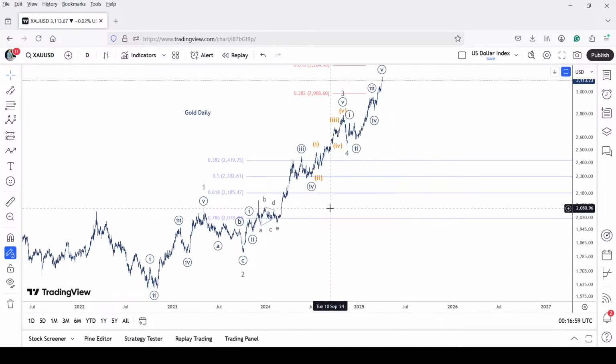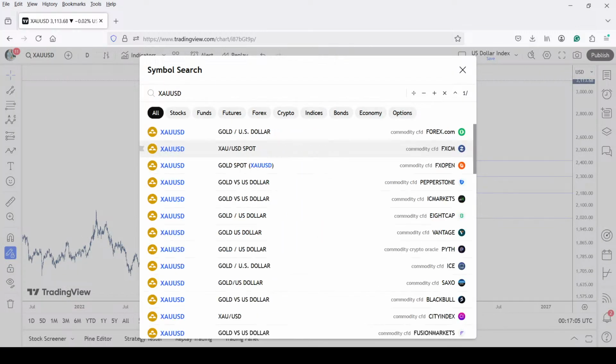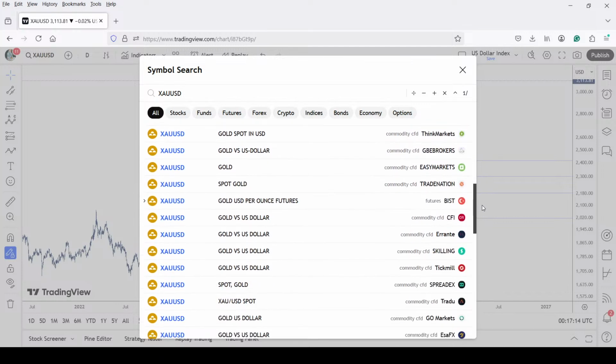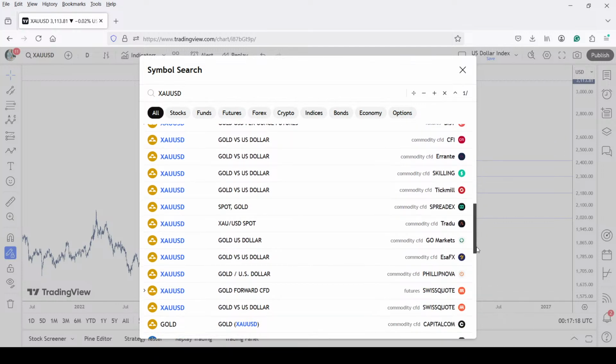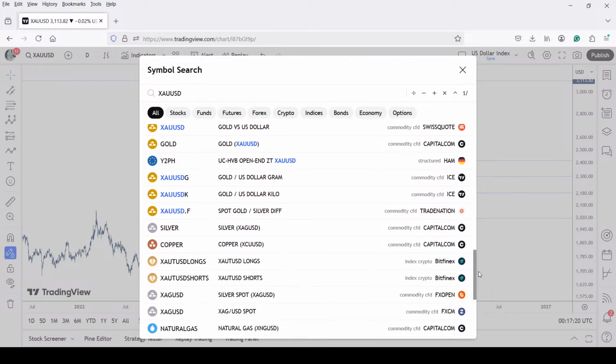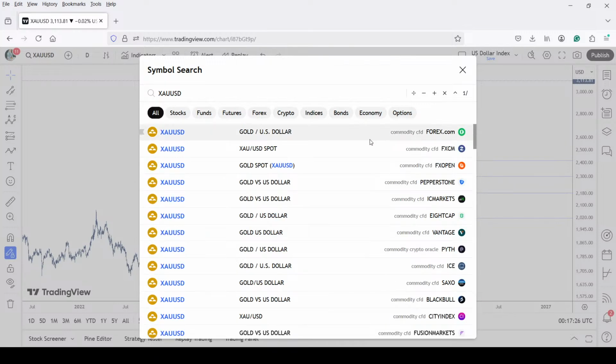what we are seeing right now is let's do it again on a cleaner chart. Let's do it again on forex.com. Okay.